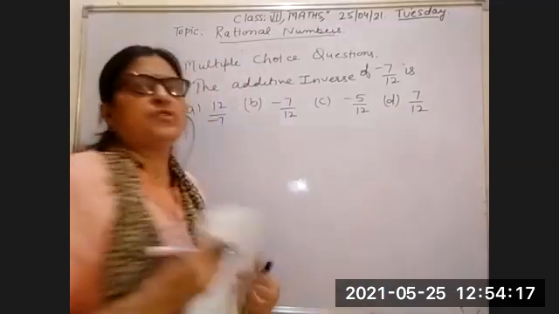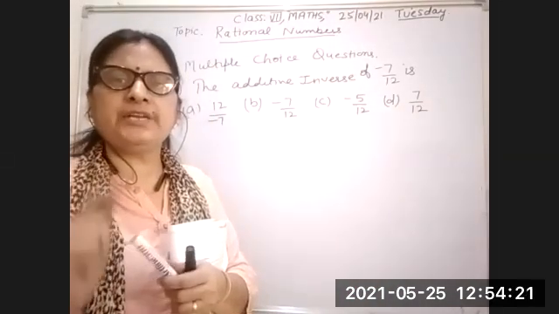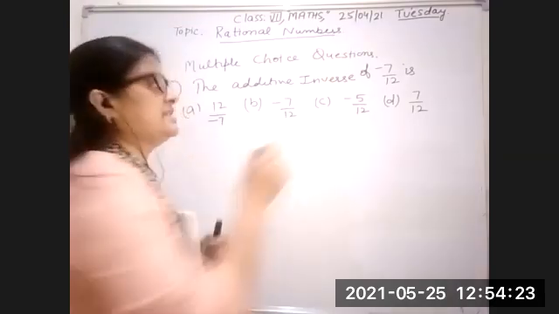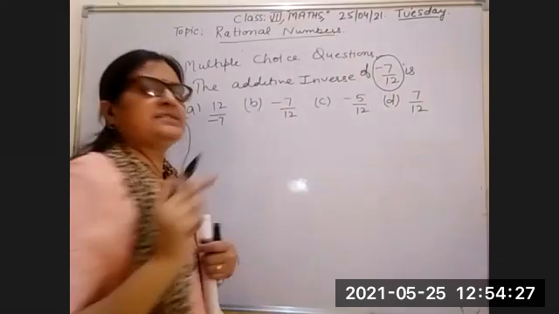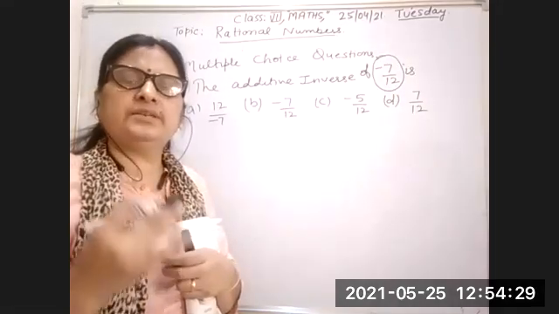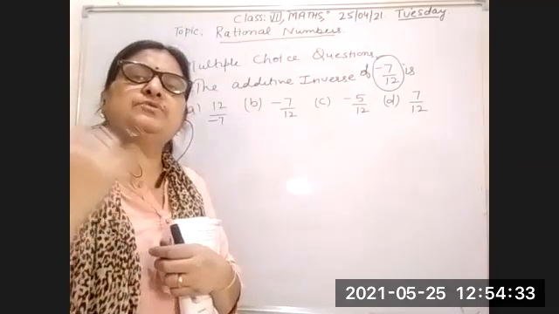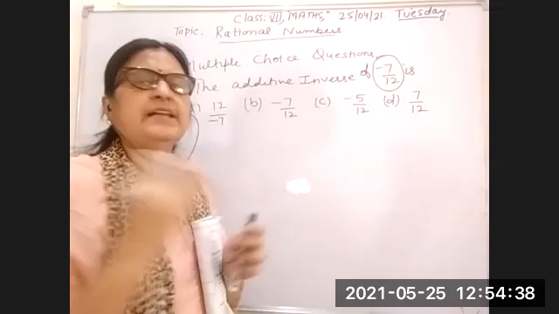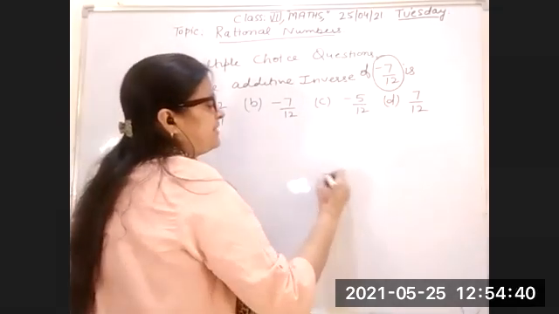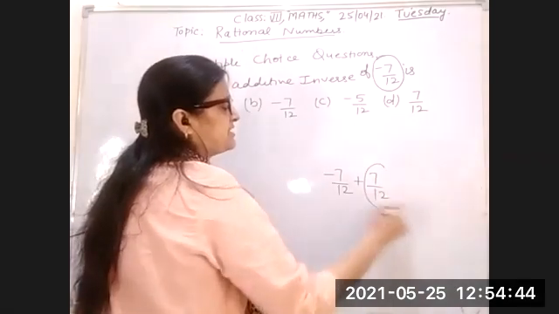So when you have to find the additive inverse, the meaning of additive inverse is you have to change the sign. When minus is given, you have to convert it to plus, and when the plus sign is given, you have to change it into minus. Because for example, the additive inverse of -7/12 is plus, +7/12.